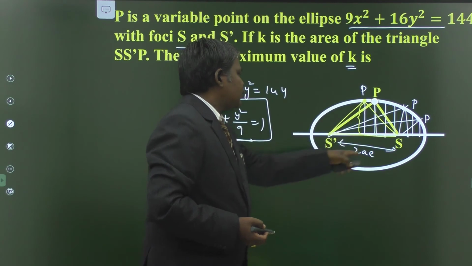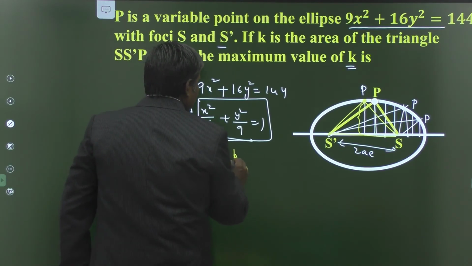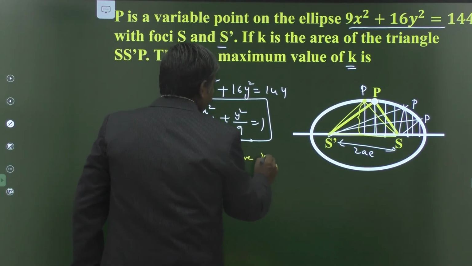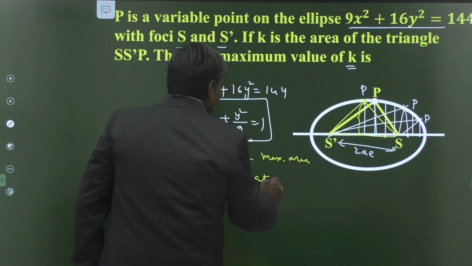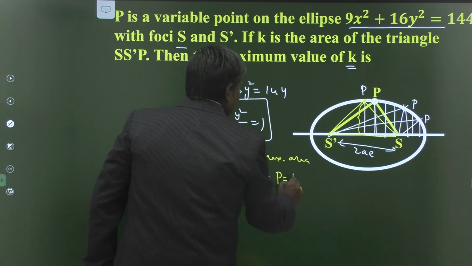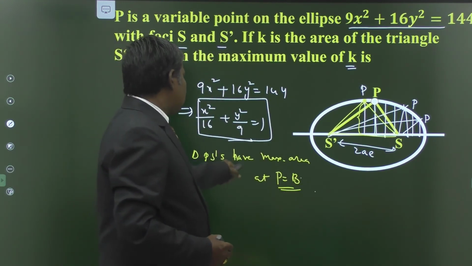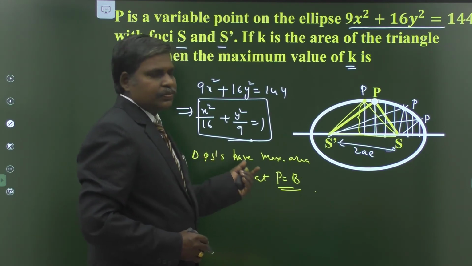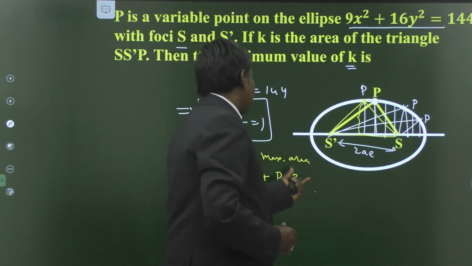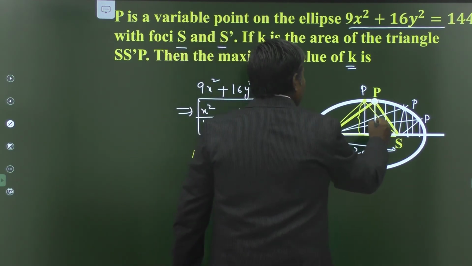So the triangle PS dash S has maximum area at P equal to the end of the minor axis. This is the triangle PS dash S. It contains maximum area at P equal to B. So what is the height here?